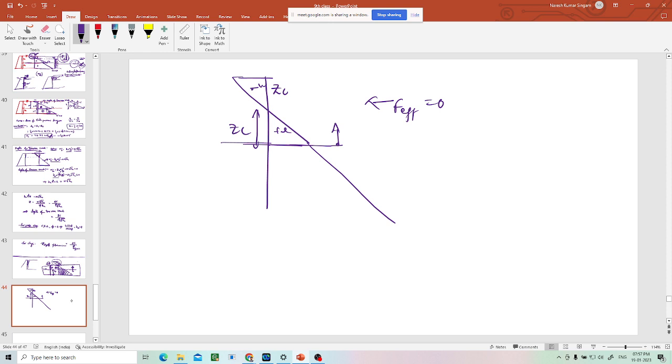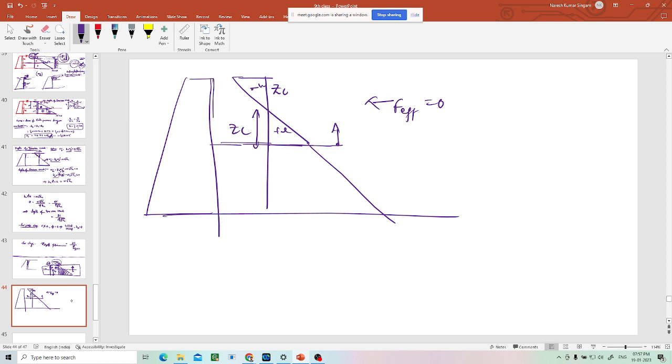If the effective force from the soil is 0, that means the soil is not giving any force, then you can remove the retaining wall till that depth. What is the use of a retaining wall? You are keeping the soil in place. If you remove the retaining wall, soil will fall. But in this portion, soil will not fall because soil is not giving any force till this depth, right? So you can just remove the wall.